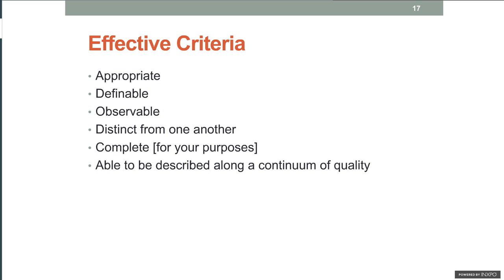And then they also need to be able to be described along a continuum of quality. If it's just something that's present or absent, then you don't really need rubrics, and you probably don't need a performance assessment.